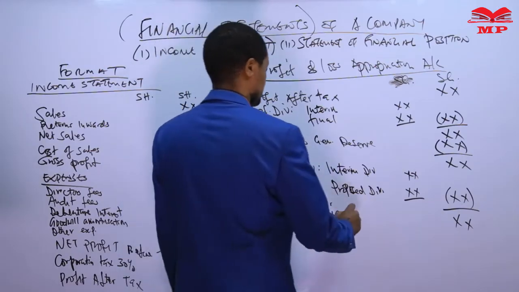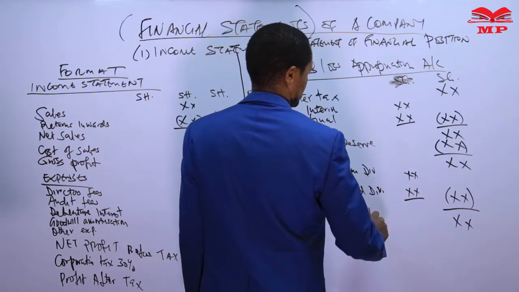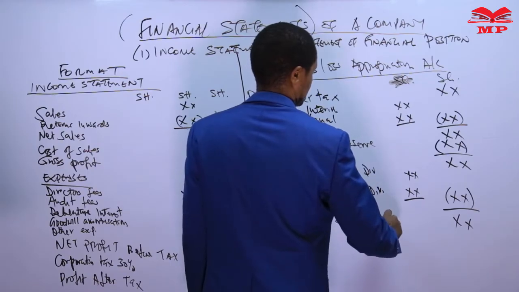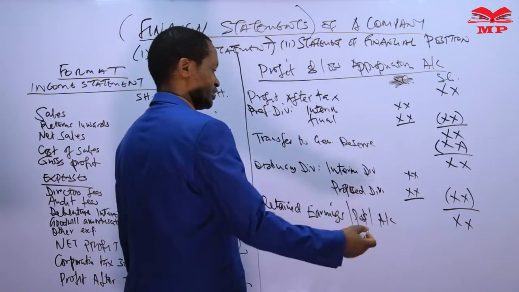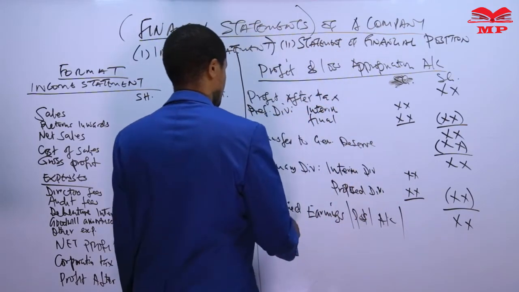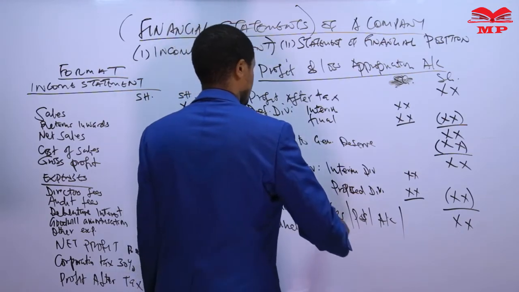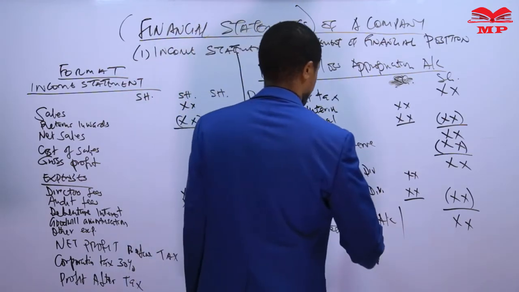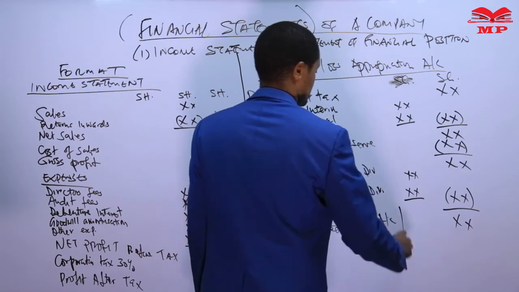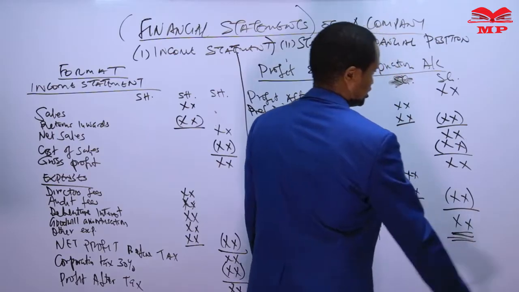Remember, we say that this is also the profit and loss account. Carry down can also be referred to as undistributed profits. The undistributed profit.